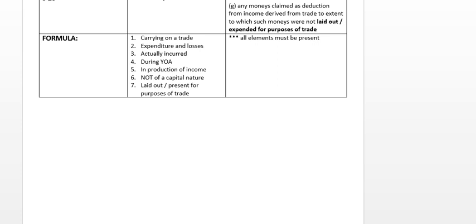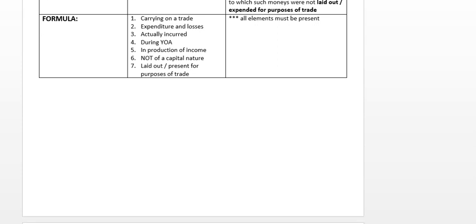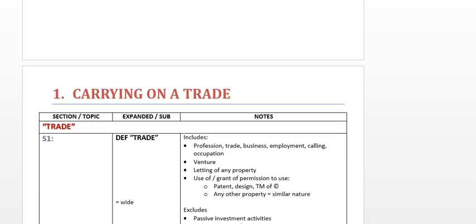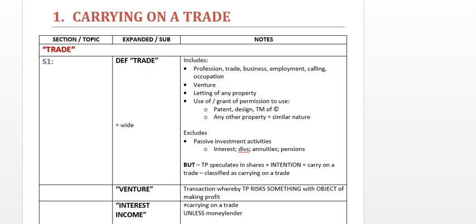So importantly, for any deduction, all these elements should be present. If not, then it is not an allowable deduction, if it's not specifically included as a specific deduction. Okay, so breaking down that definition.